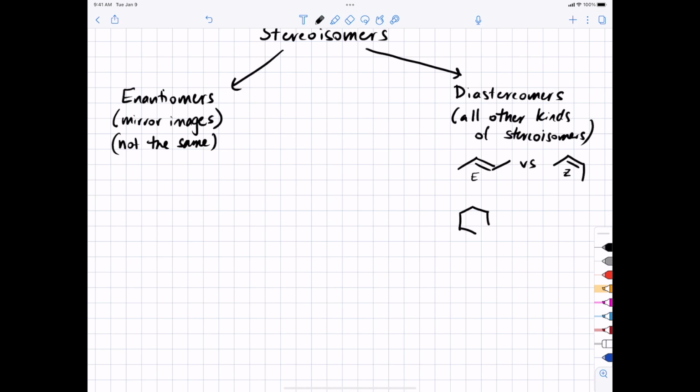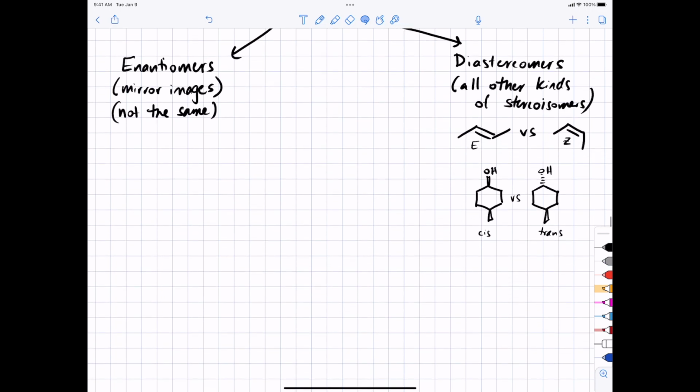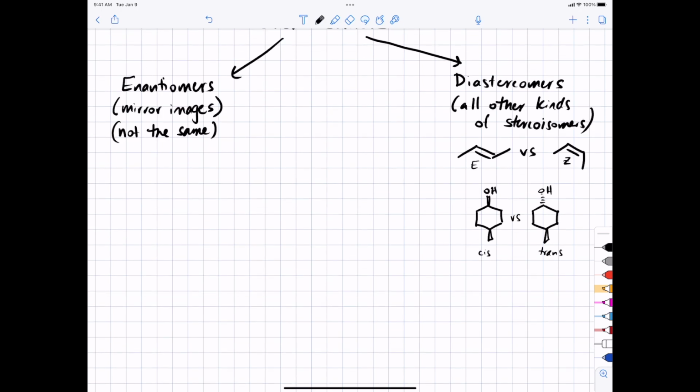What we saw just a few minutes ago with cis versus trans about a six-membered ring is a diastereomer issue. And there will be other kinds of diastereomers too. Enantiomers, though, it's a very specific thing. They have to be mirror images, but they are not the same thing.